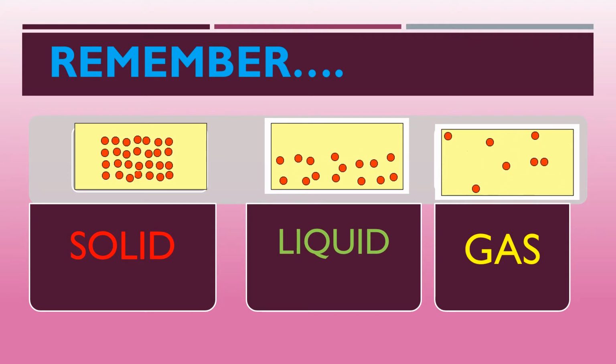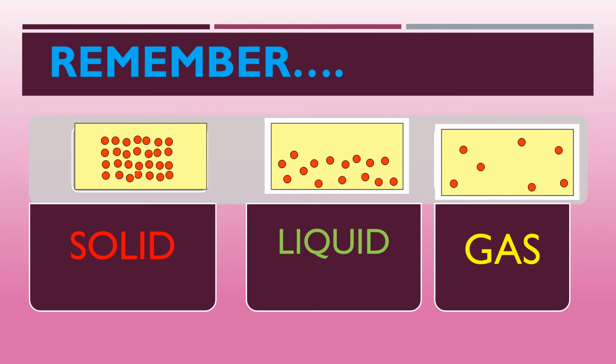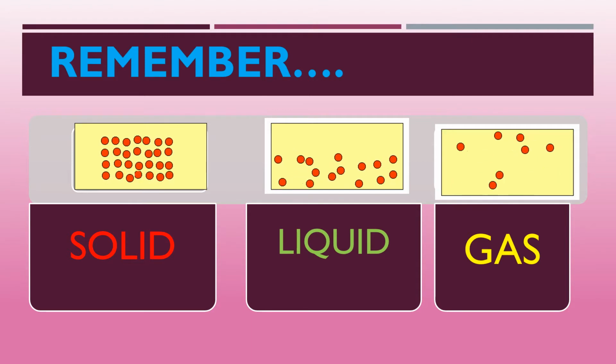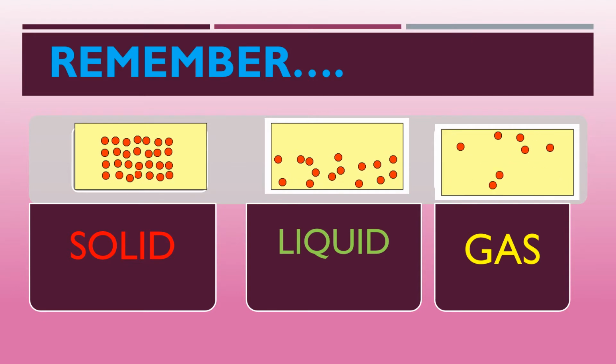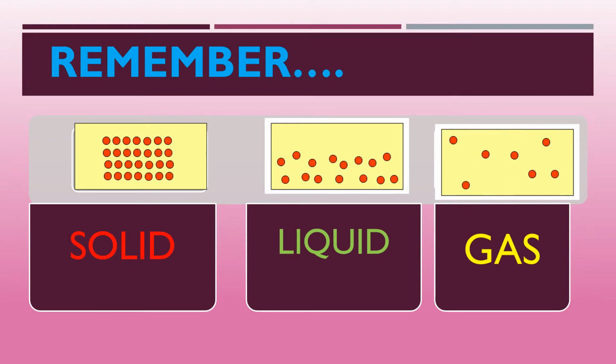Some of them show very good conduction on the passage of electric current, like copper, gold, aluminium, etc. At the other extreme, some solids like wood and diamond show very little conductivity, ranging from 10 raised to minus 10 to 10 raised to minus 20 ohm per meter, and these are called insulators.